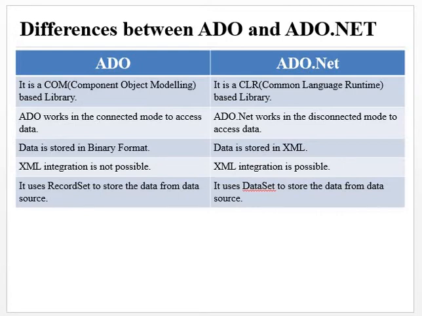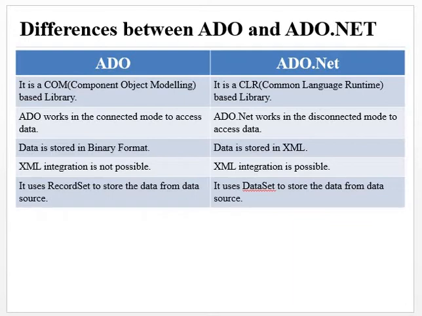Again: COM based library, CLR based library; connected mode, disconnected mode; binary format, XML format; XML integration not supported, XML integration supported; and ADO uses a record set, whereas ADO.NET uses a data set. This is the difference between ADO and ADO.NET.